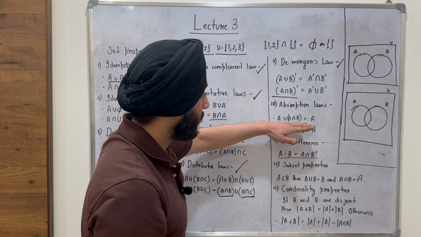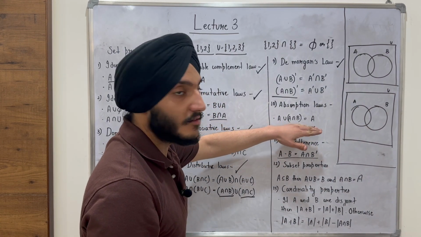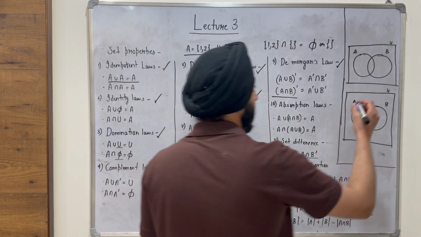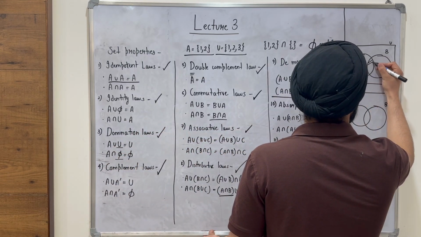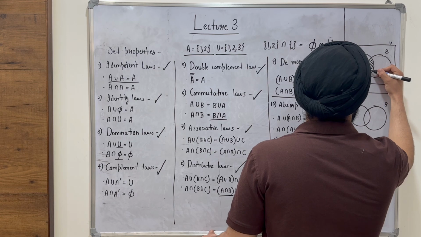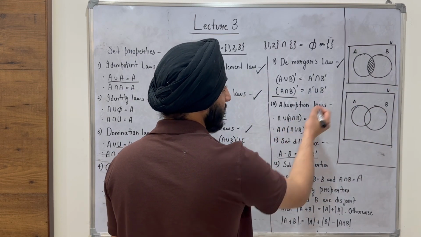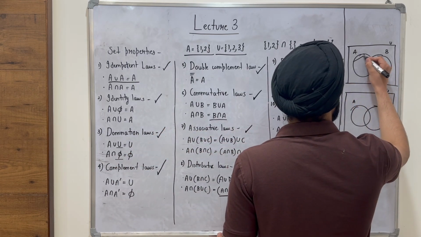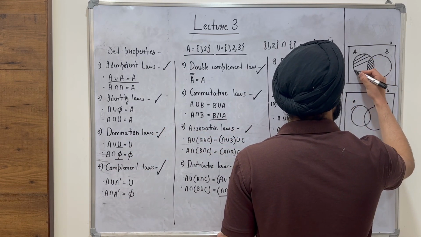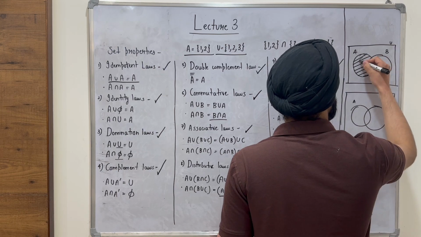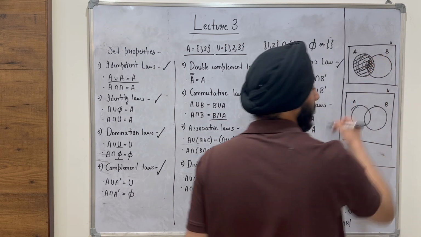Let's first try to figure out what is A intersection B in this case. So A intersection B is just going to be this region, right? And if I take A union with its intersection, it's going to be just this entire region, which is going to be this entire circle.